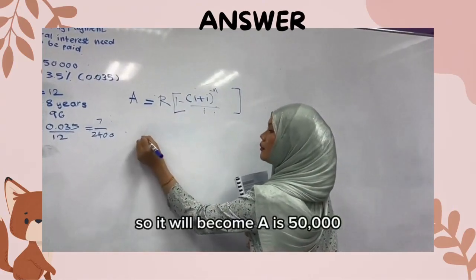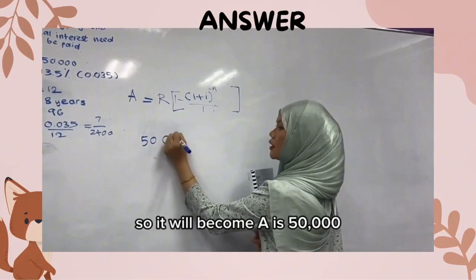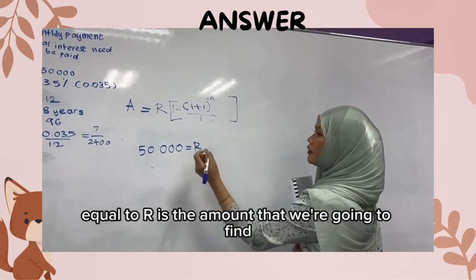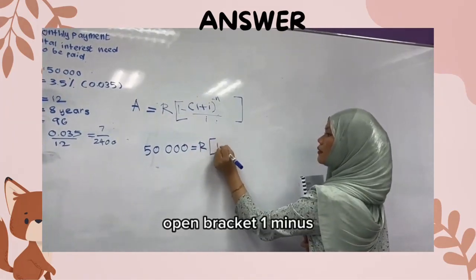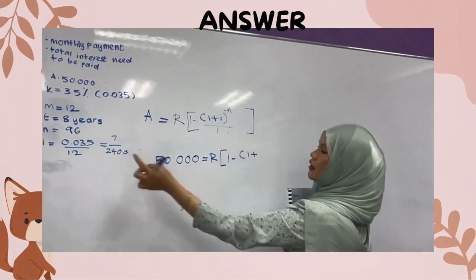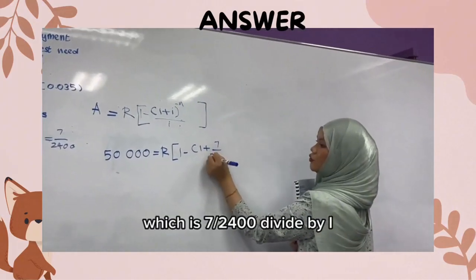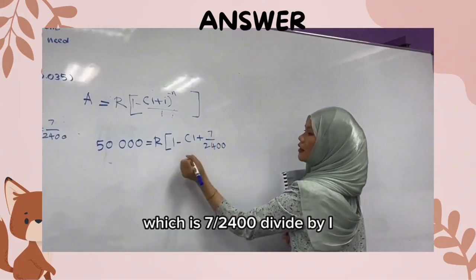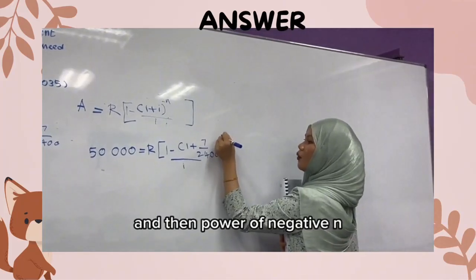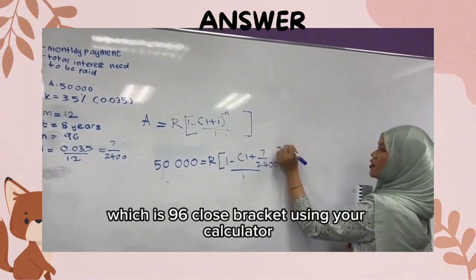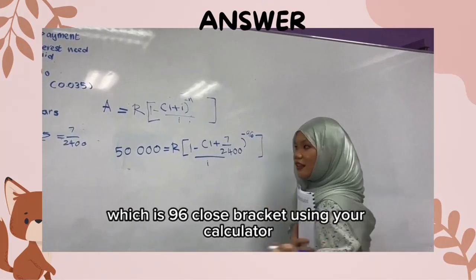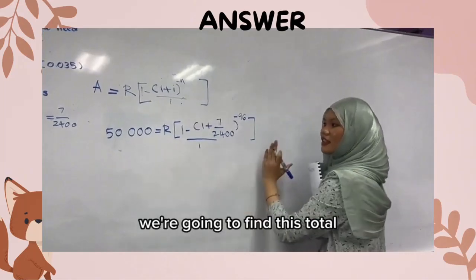So A is 50,000 equals R, which is the amount that we're going to find, open bracket, 1 minus, open bracket, 1 plus i, which is 7 per 2,400, close bracket, to the power of negative n, which is 96, divided by i. Don't forget to close the bracket. Using your calculator, we're going to find this total.